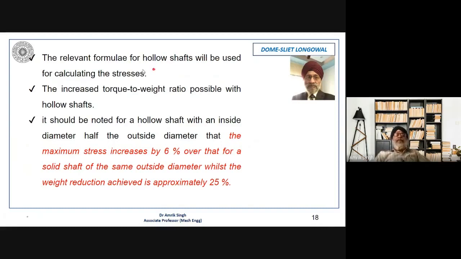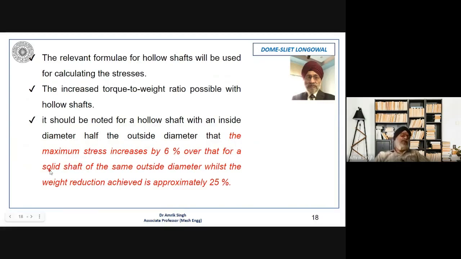The relevant formulae for the hollow shaft will be used for calculating these stresses. There is an increased torque to weight ratio possible with the hollow shaft. That means we can transmit more torque with a lighter shaft. It should be noted that for a hollow shaft with an inside diameter half the outside diameter, the maximum stress is increased by 6% over that of a solid shaft.